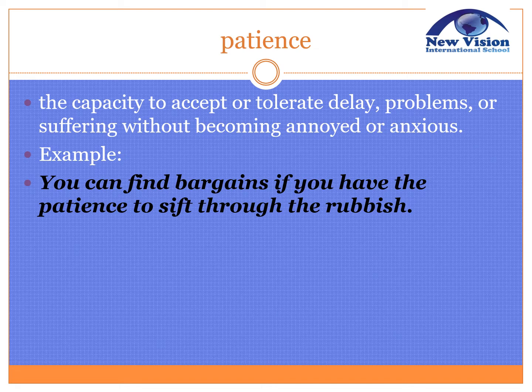Our next word is patience. It means the capacity to accept or tolerate delay, problems, or suffering without becoming annoyed or anxious. Example: you can find bargains if you have the patience to sift through the rubbish. That's patience.